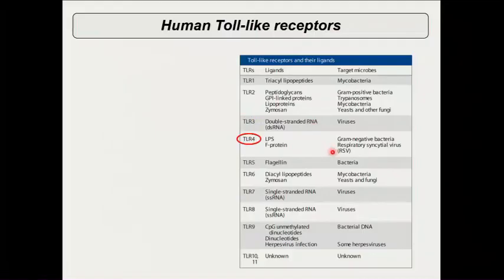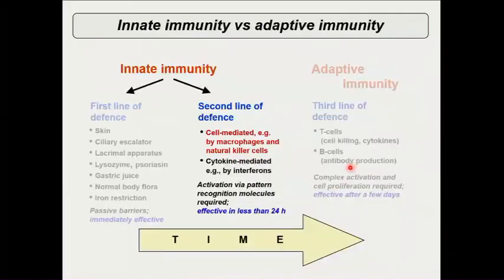Toll-like receptor 4 detects LPS, and that is present in abundant quantity on gram-negative bacteria. So it doesn't recognize particular gram-negative bacteria, it recognizes a class of bacteria. It also recognizes a particular virus. Here, this recognizes flagellin, so bacteria that do have flagella.